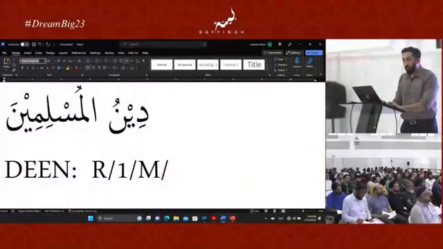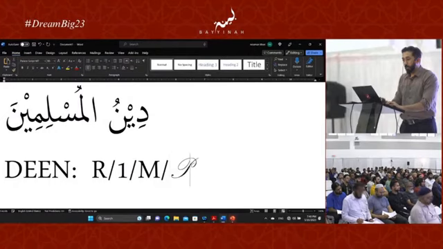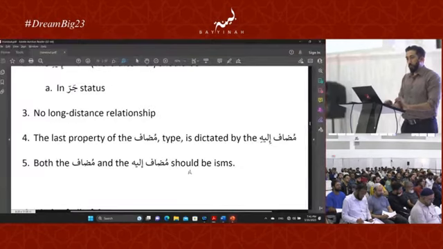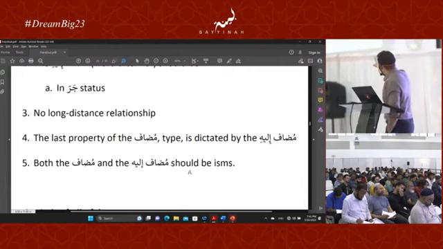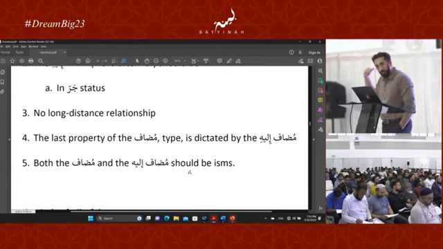I get it from the mudaf ilayh. And what's my answer here? Based on what? Al. Ooh, that's a stylish proper. Okay, proper. Now go back to these notes. The last property of the mudaf, type, is dictated by the mudaf ilayh. Is that making sense now?